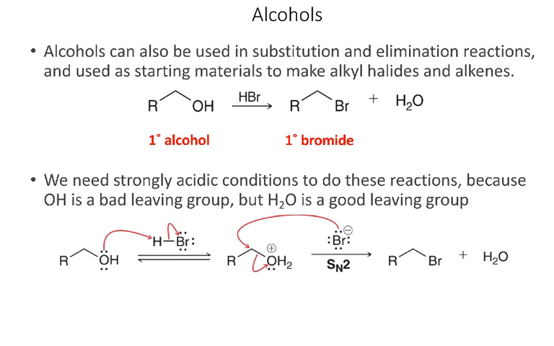So if we react our alcohol with hydrobromic acid, we first protonate the alcohol. While OH minus is a terrible leaving group, water is a very good leaving group. And so we can have these substitution and elimination reactions with alcohols when we have strongly acidic conditions. We first have to protonate the alcohol before the water can then act as a good leaving group.